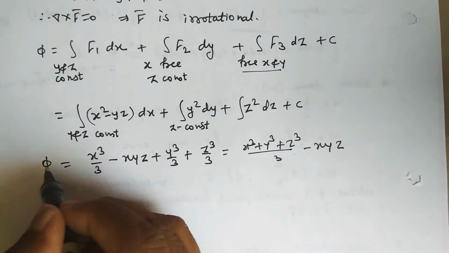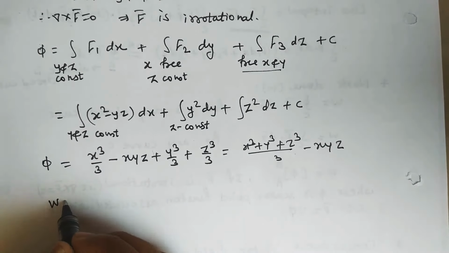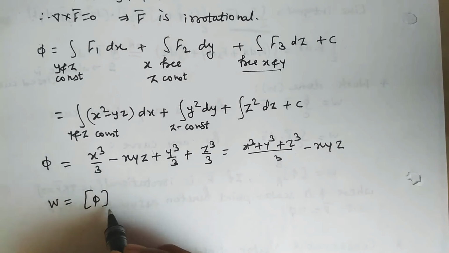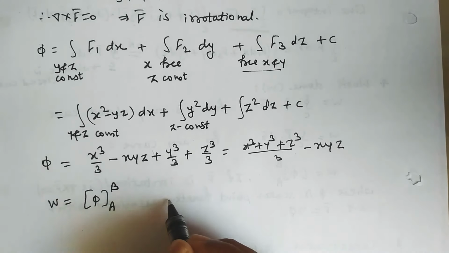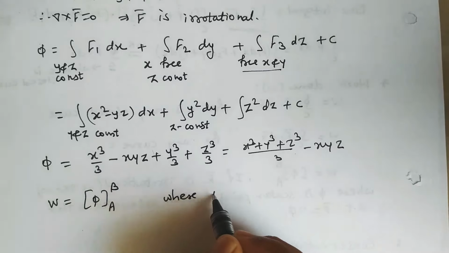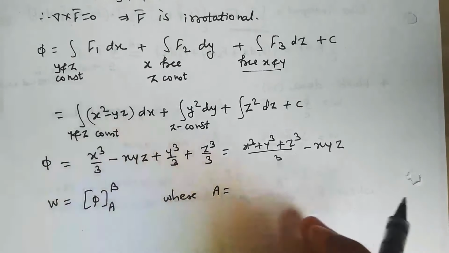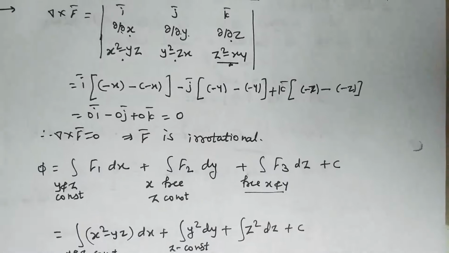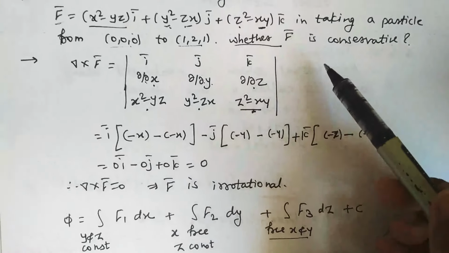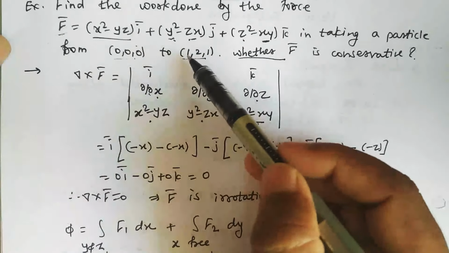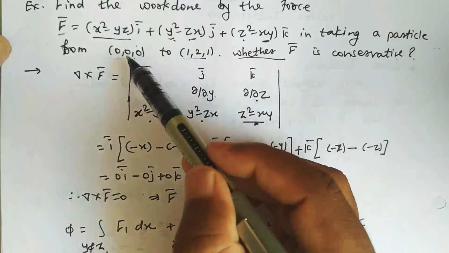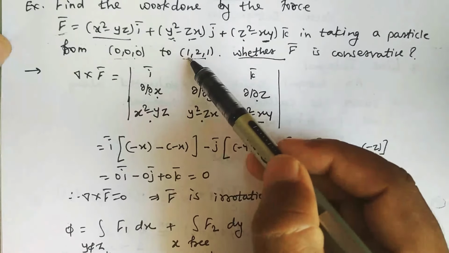Now after getting the value of phi, work done is given by phi having lower limit a, upper limit b, where we have given the value of a, that is the first point. We have to find the work done from point 0 0 0 to 1 2 1. That means our first point is 0 0 0, second point is 1 2 1.